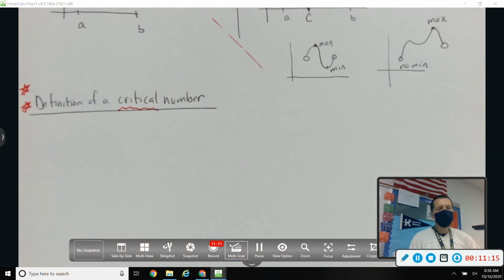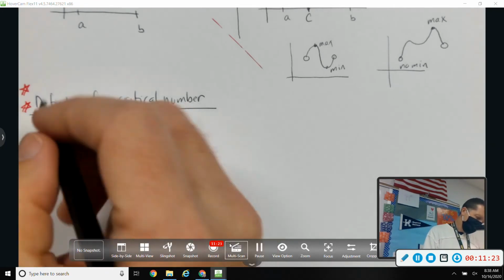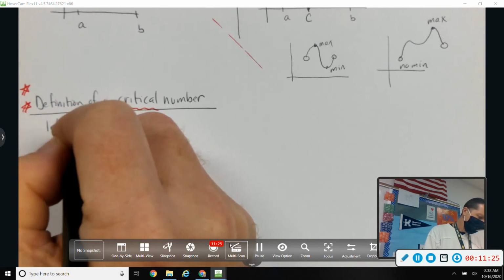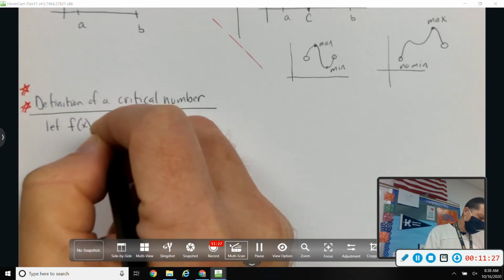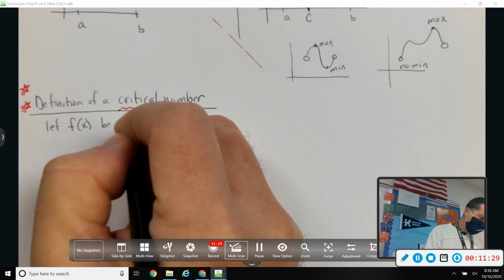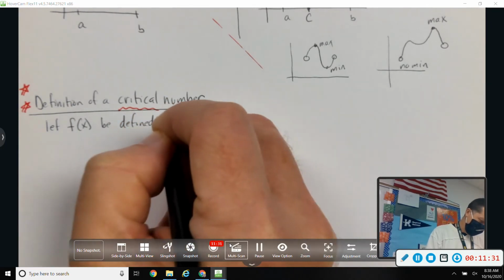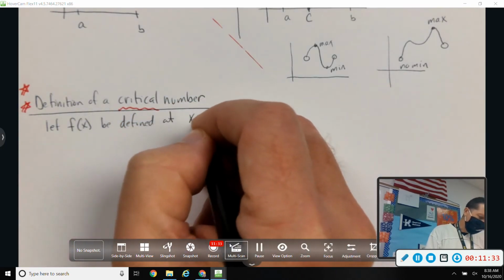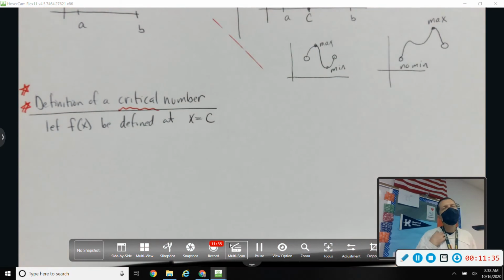So the definition of a critical number. Let f of x be defined at x equals c. So that means that the function has to exist there.